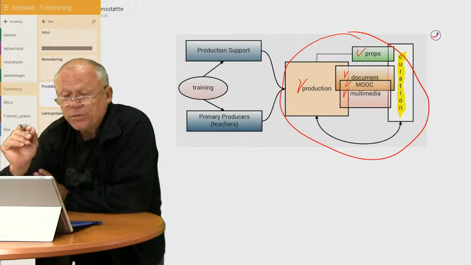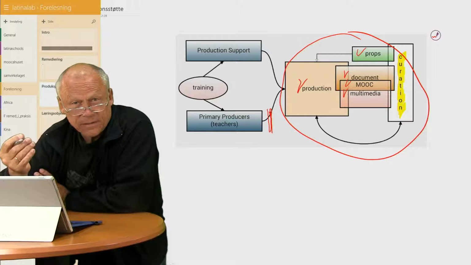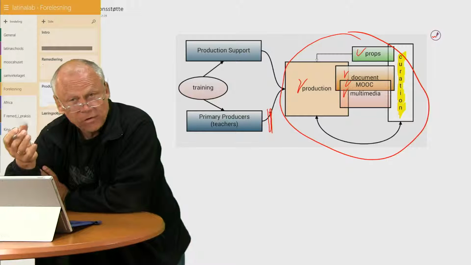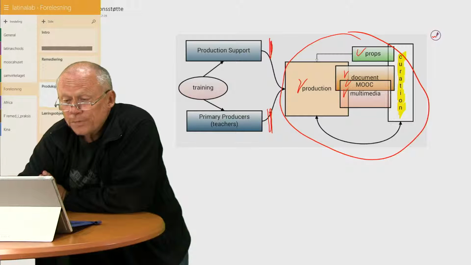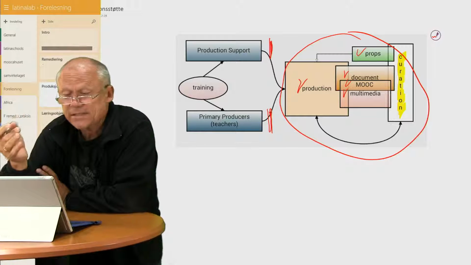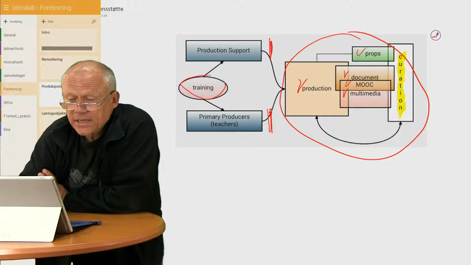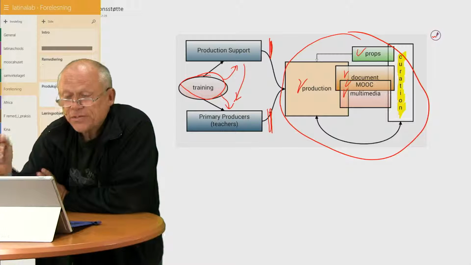But in order to do that, you need primary producers that might be the professors, the teachers who are domain knowledge experts, and they would need some production support because not all of them know how to handle these things. And since things are changing so fast, you need also a training of both groups, both the teachers but also the support people that support teachers.